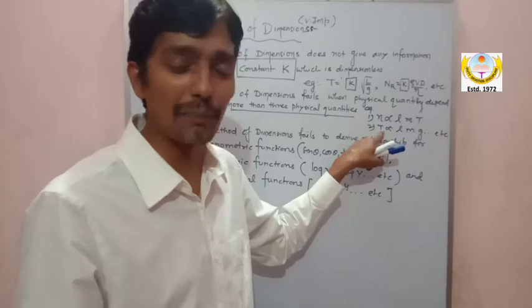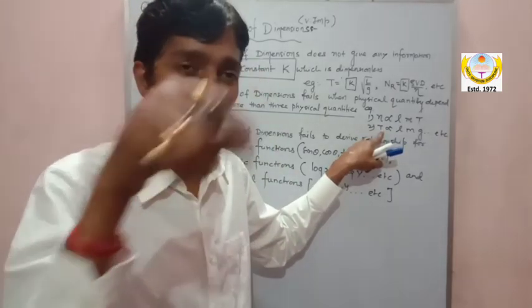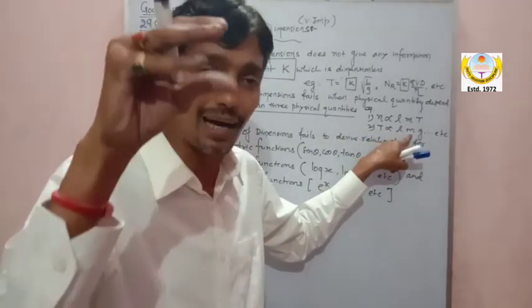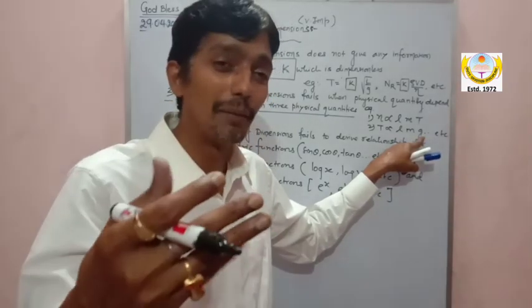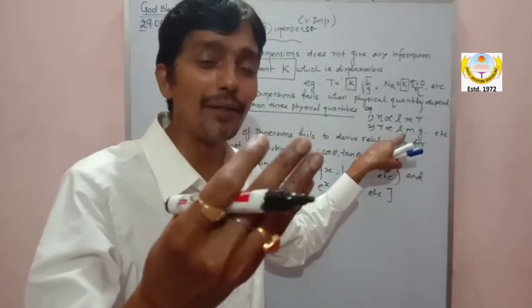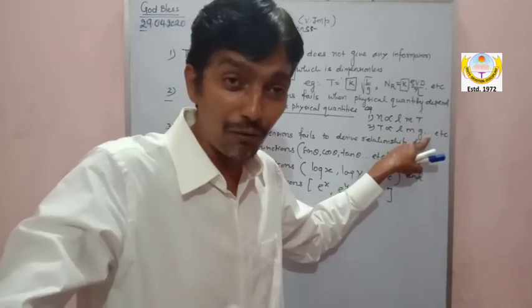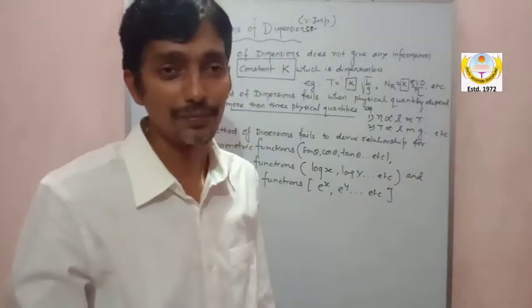Similarly, in another example, the very first example I told you, the time period of a pendulum depends upon the length of the pendulum, the mass of the bob, and the acceleration due to gravity. But my dear, after giving length of pendulum, mass of bob and acceleration due to gravity, I have not mentioned any fourth quantity that T depends upon.